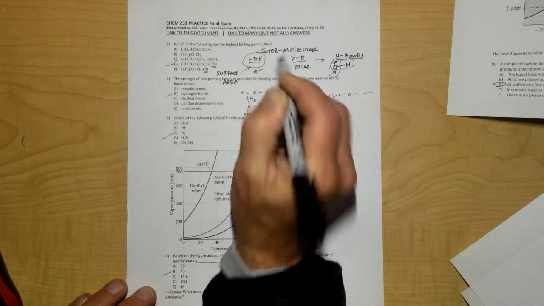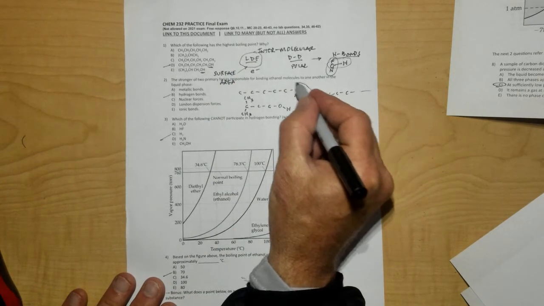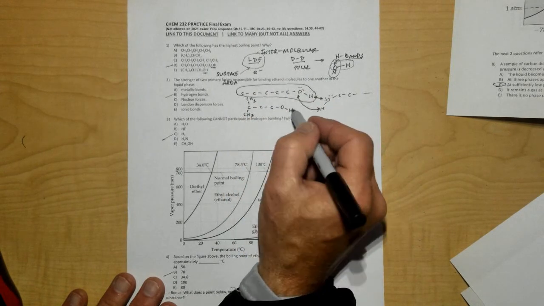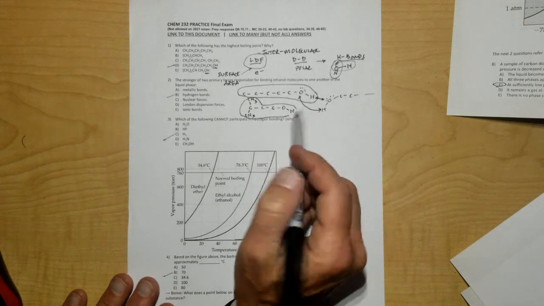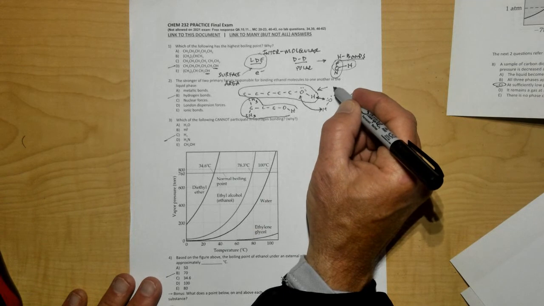The more surface area something has, the more connectivities that it can have. And since this is a long hot dog shaped one right here, it's going to have the most surface area versus this one that's kind of circular shaped here on one end. And so this one right here is going to have your highest boiling point.